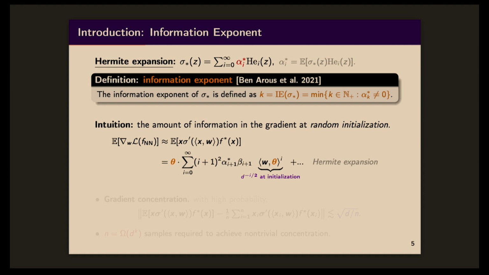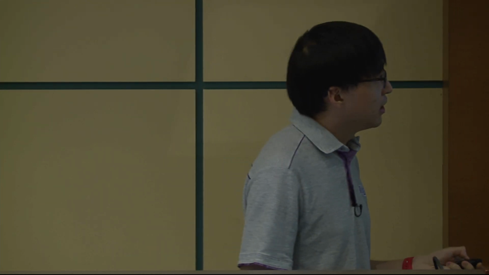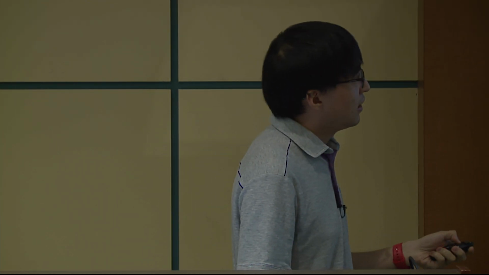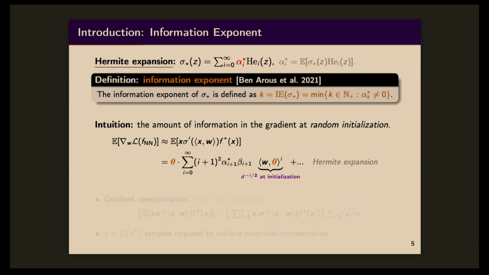And the key observation here is that because I'm looking at random initialization, w and theta are going to be almost orthogonal. So this inner product roughly scales as d to the minus 1/2. If I raise it to the i-th power, this will be d to the minus i divided by 2, which becomes smaller as the exponent gets higher.